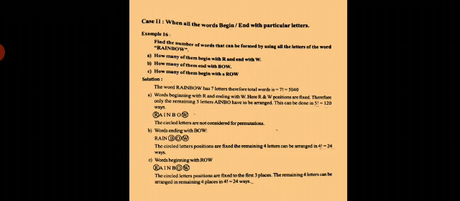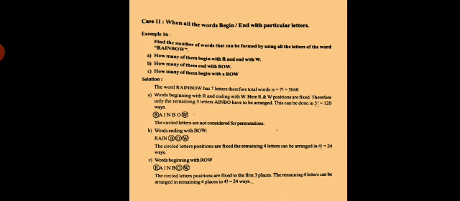Then second one, how many of them end with BOW? So last 3 letters keep as it is and remaining 4 letters can be arranged in 4 factorial ways, that is equal to 24. So this can be done in 24 ways.